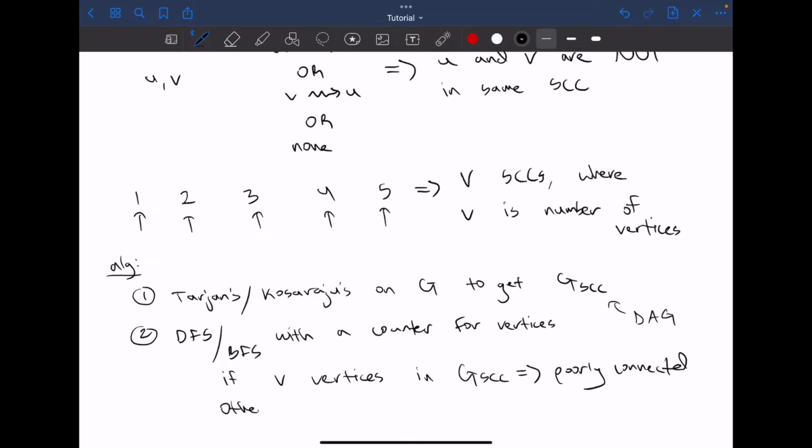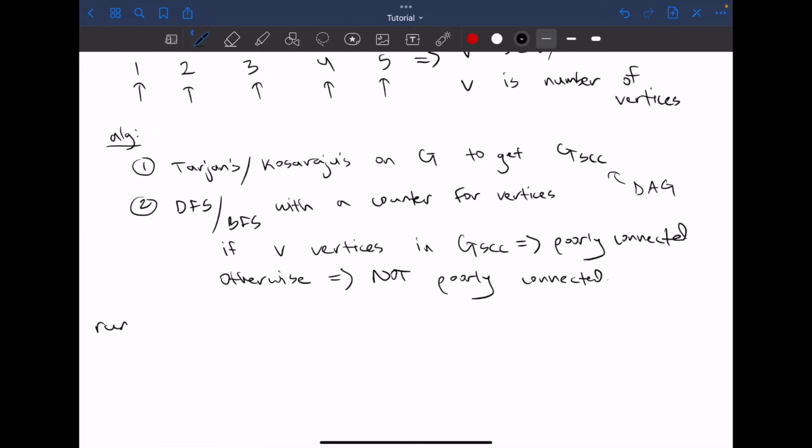Otherwise, if there are not V strongly connected components, there are not V vertices in the graph of strongly connected components, the graph is not poorly connected.